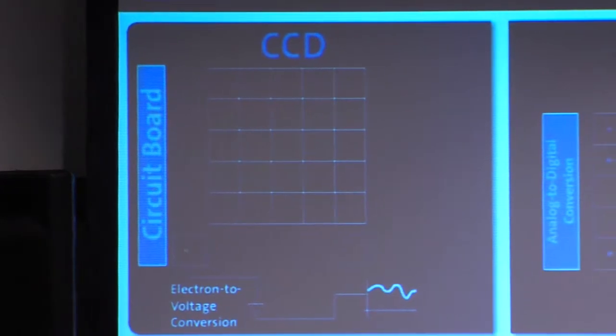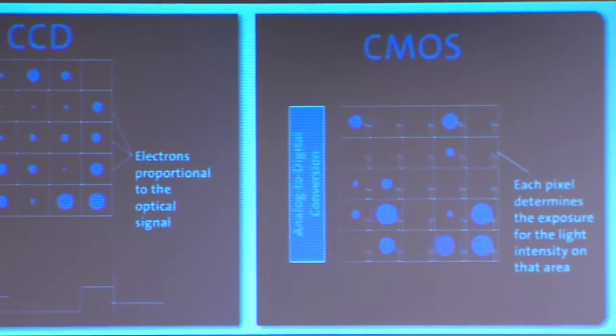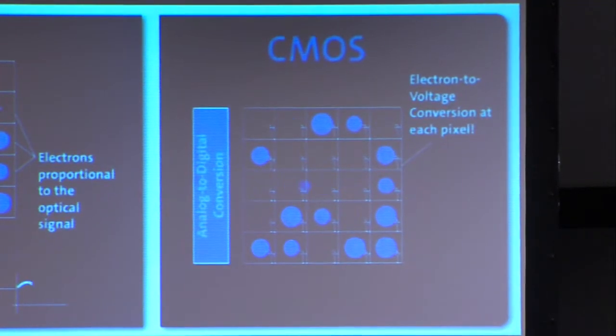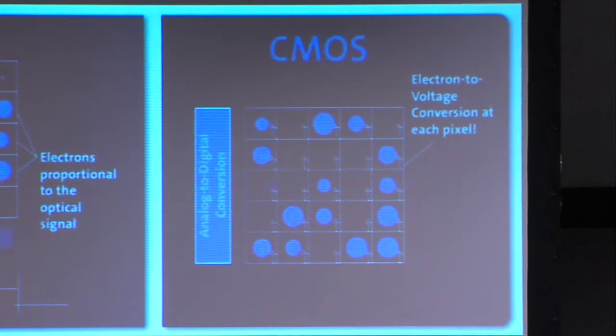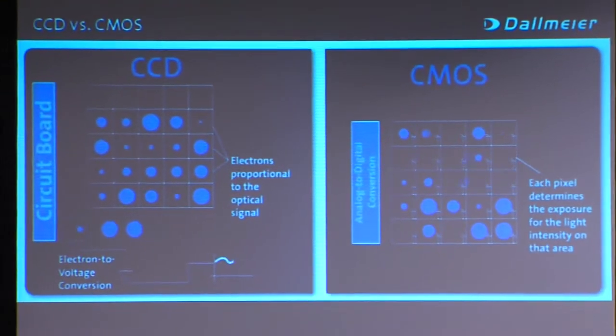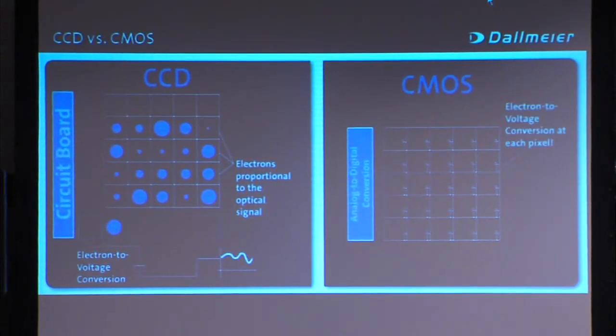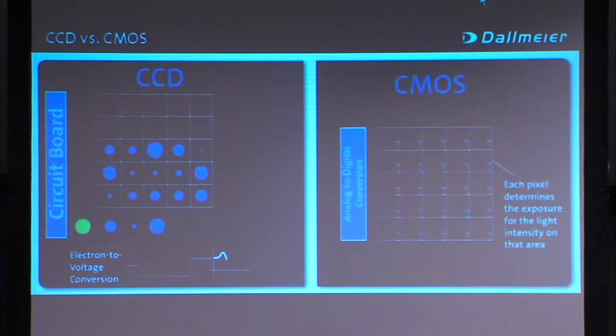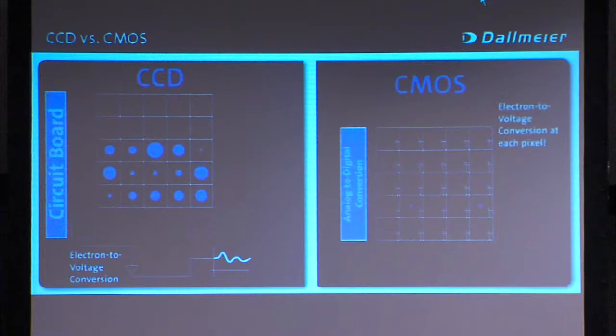On the CMOS side, we're accessing the array of pixels individually, randomly. So you can think of the CCD as a serial device and a CMOS as a parallel device. And when I refer to this, I'm not talking about the interface to the processor. I'm talking about the interface to the actual chip, the sensor. Everything I'm going to talk about here is the sensor point of view, not the processor point of view. So let me stop that video and get on with the presentation.